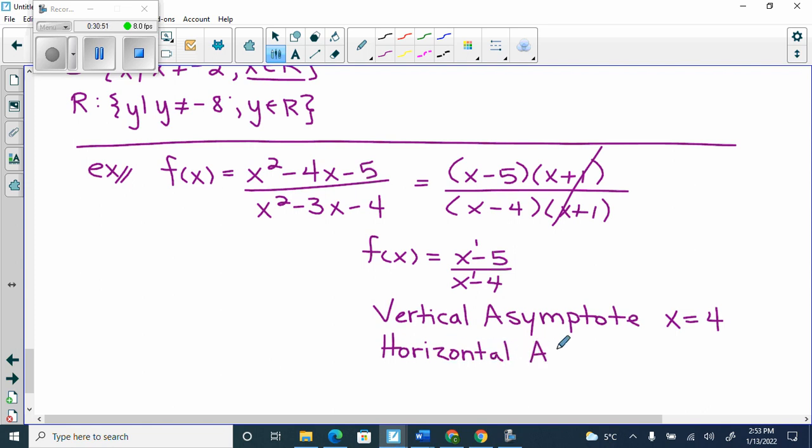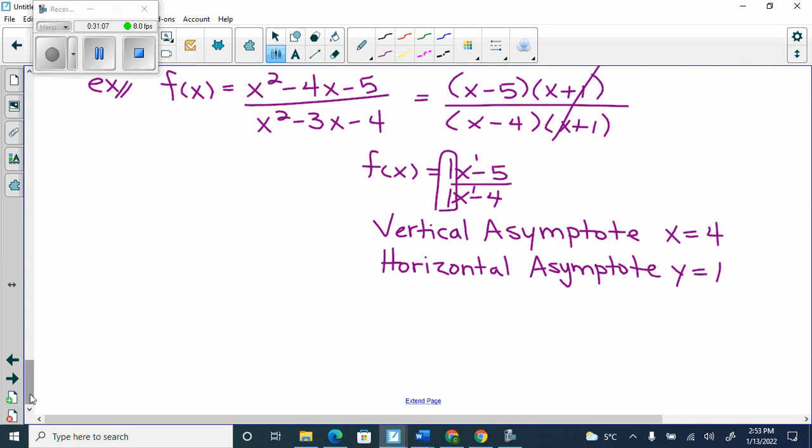When the degree of the numerator is smaller than the degree of the denominator it is 0. Yeah, the coefficients would be 1 divided by 1, which is 1. So not only does this graph have a vertical and a horizontal asymptote, which I'm going to sketch down here, it also has a point of discontinuity.